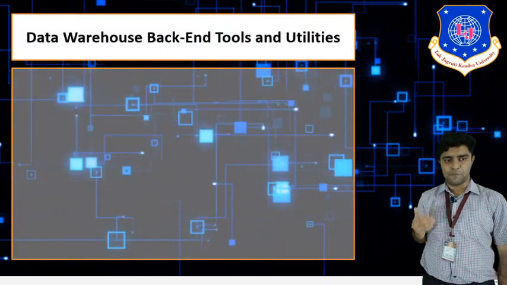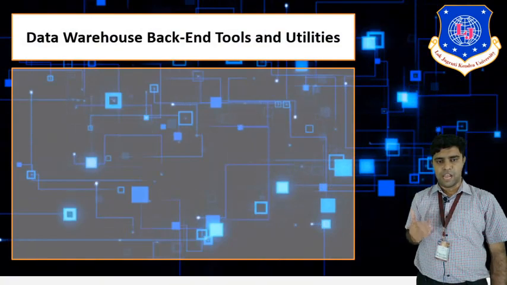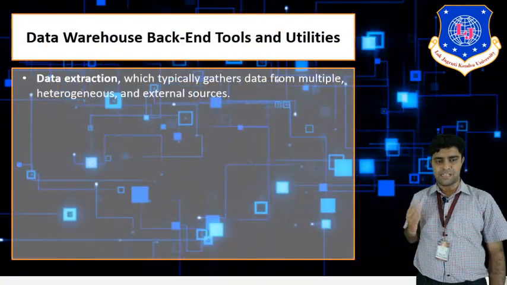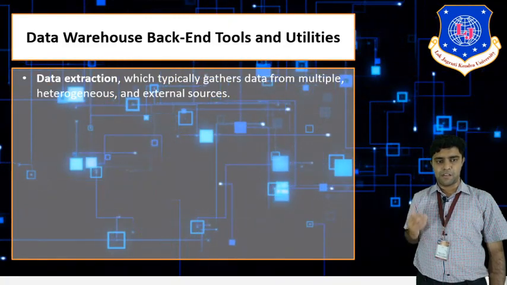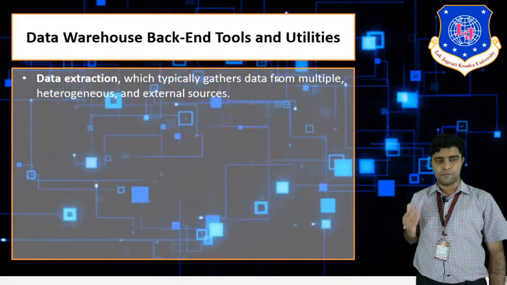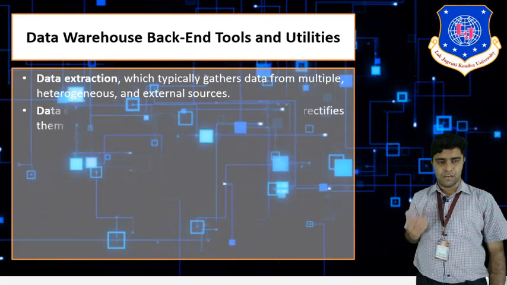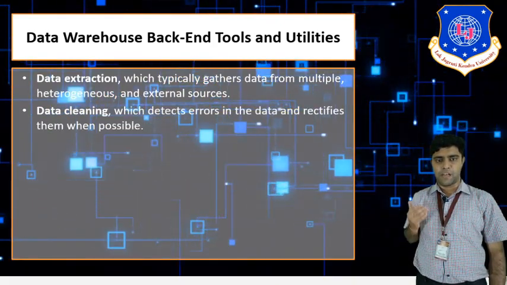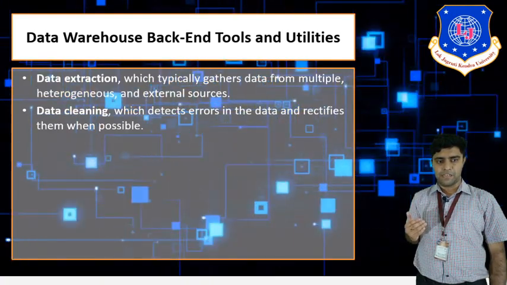Now we will see the different types of data warehouse backend tools and utilities. Data extraction typically gathers data from multiple, heterogeneous and external sources. Data cleaning removes noise and outliers from the data.